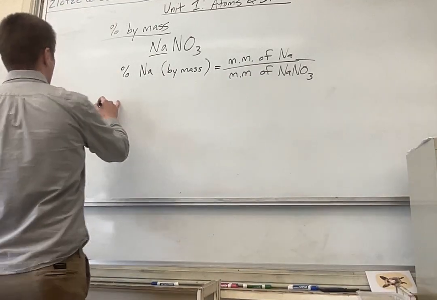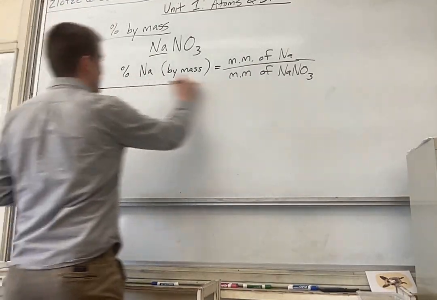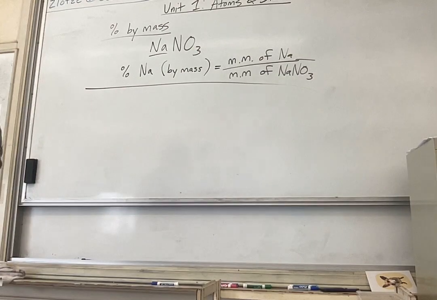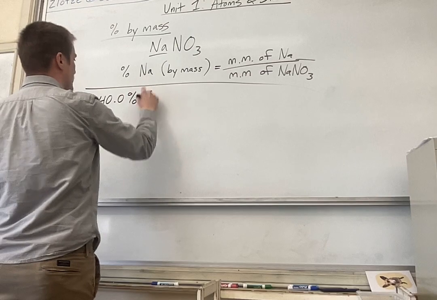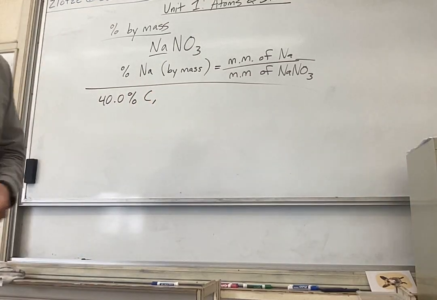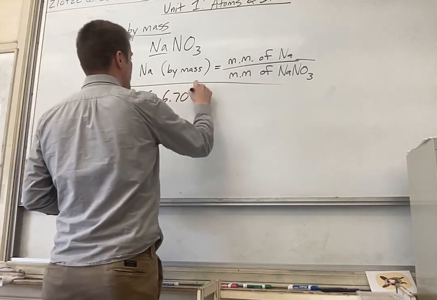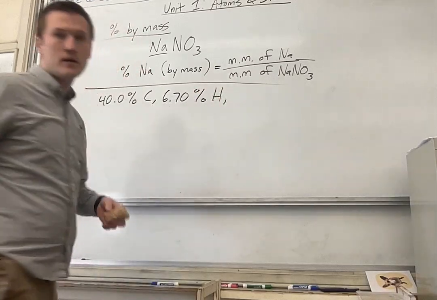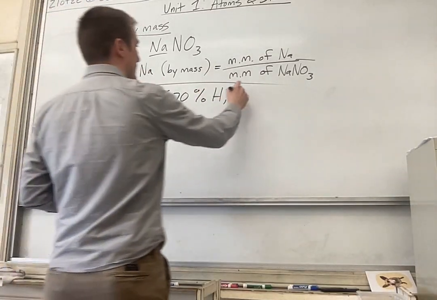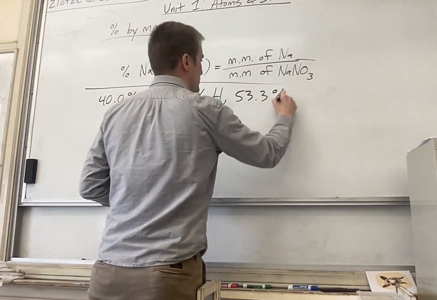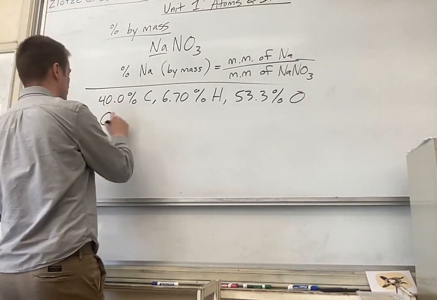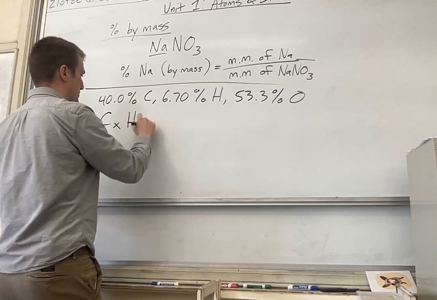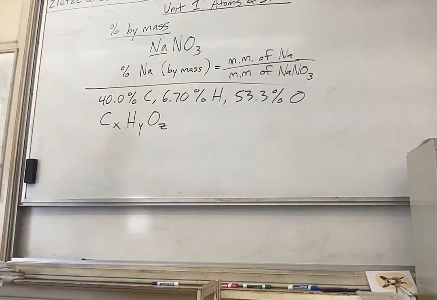So working the other way, say you have something that is 40% carbon by mass, 6.70% hydrogen by mass, and 53.3% oxygen by mass. They might ask you, what's the empirical formula of that, right? Some compound, C something, H something, O something. What are X, Y, and Z?